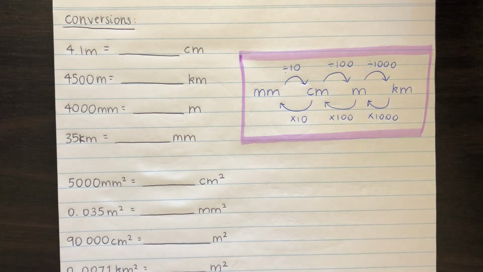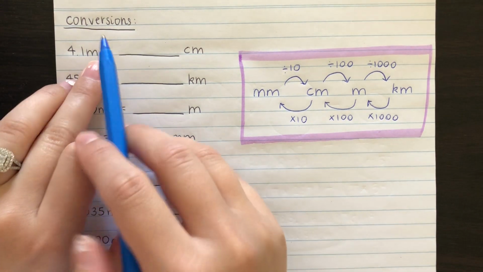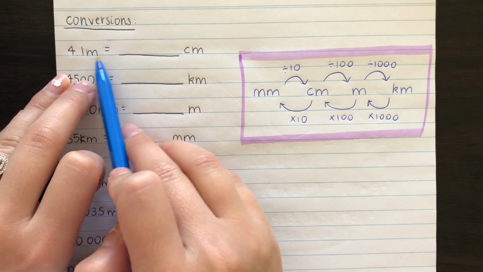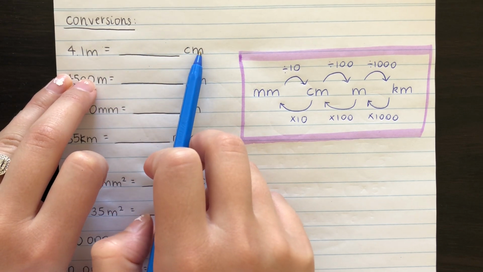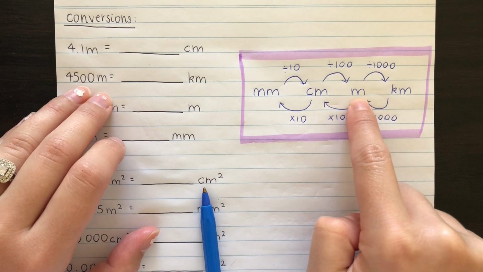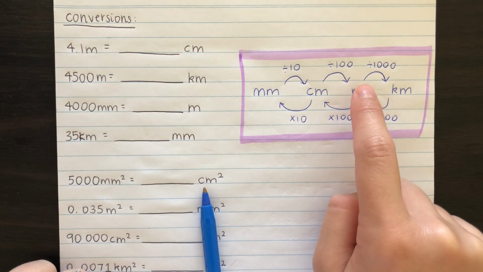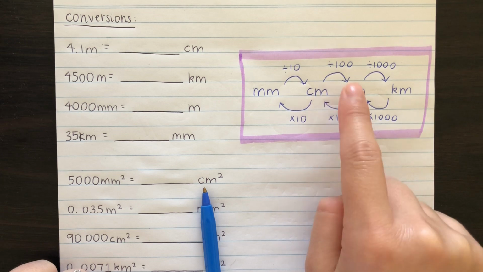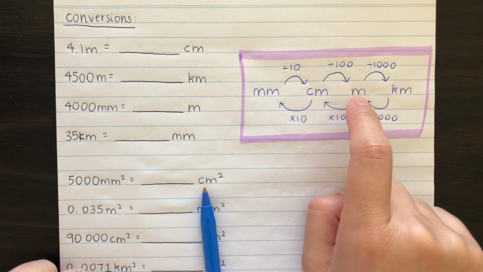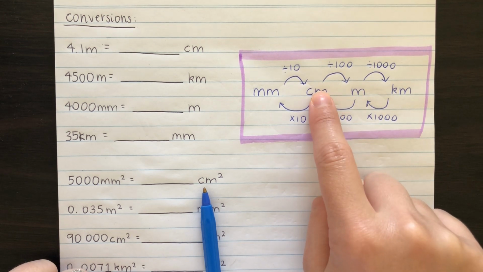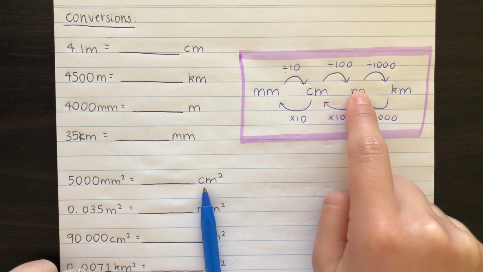Okay, so let's look at the first one. Now for this one we need to go from metres to centimetres. So we find metres over here and we need to go from here to here. Now we need to follow the arrow that allows us to get from here to here, and the arrow is obviously underneath.